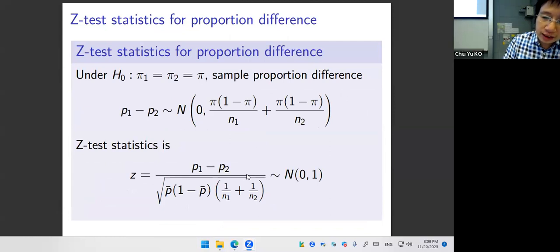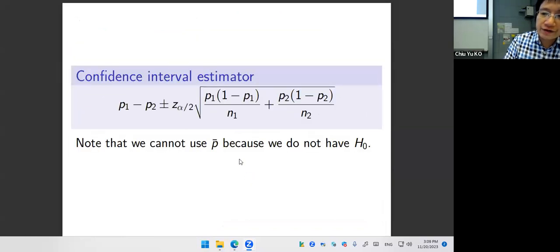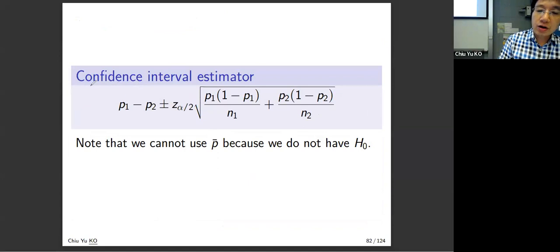But before we do that, I do want to emphasize one very special thing. Only in this case, the confidence interval estimator is different from hypothesis testing. Usually, you would put the denominator for this one, right?